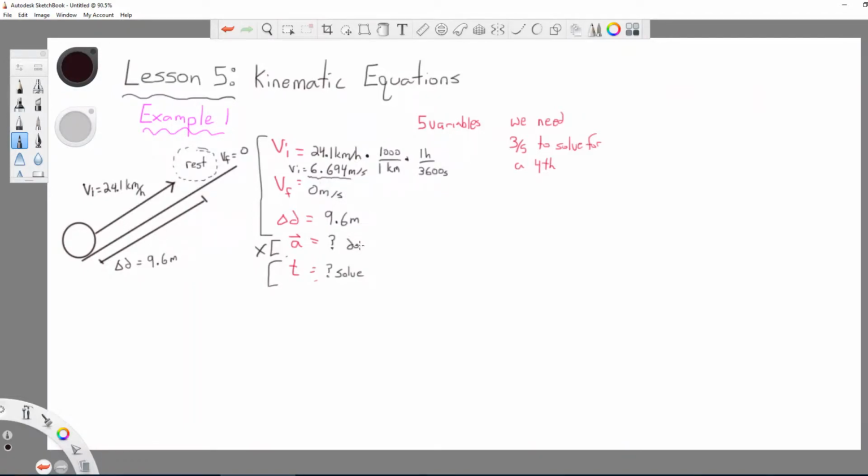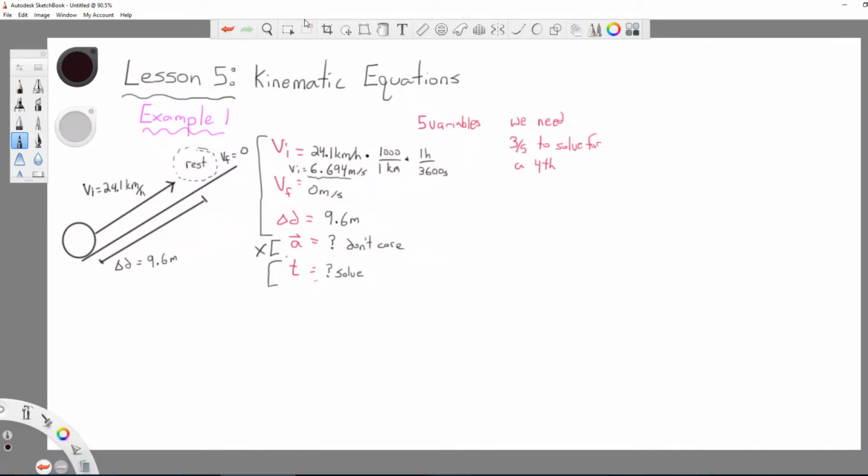We don't care about acceleration in this case. Okay, well, that step is out of the way. We have our four terms. We know that we need 3 out of 5. We have 3 out of 5. We're solving for the fourth, time. Ignore acceleration. Let's choose our formula. So we want to choose a formula that has these four terms and not acceleration.